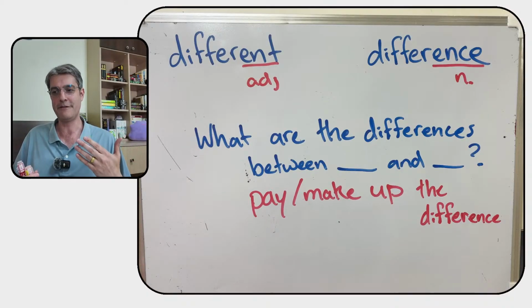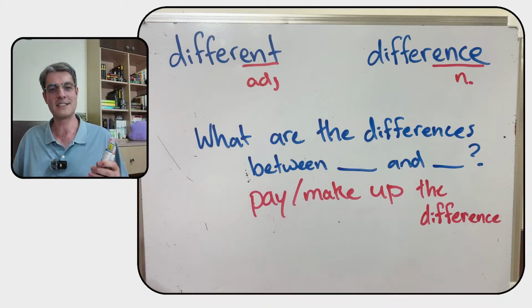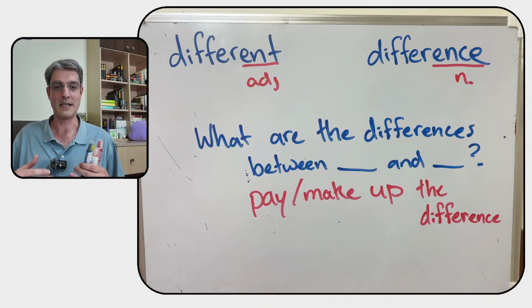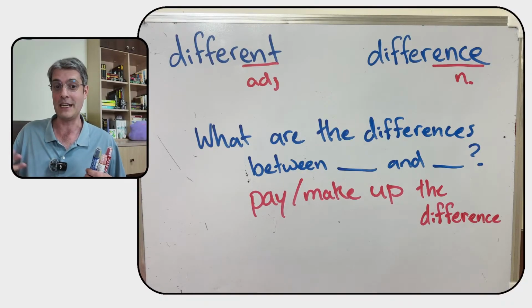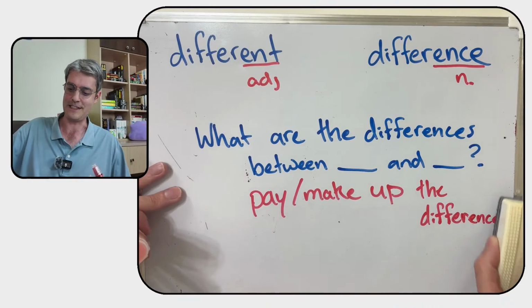So maybe if you go to the card store and your son wants to buy a box of Pokemon cards and he only brought maybe $25, but the box is $30, you may pay the difference or make up the difference. It means he would pay his $25 and you would pay the remaining $5. You would make up the difference or you would pay the difference.